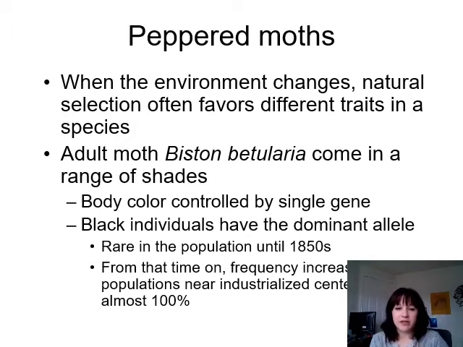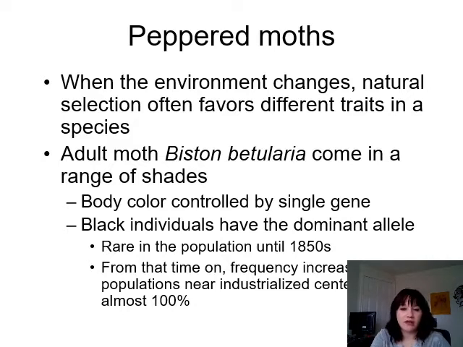So I'm just repeating our slides from earlier, right? Do we see anything in here about variability? Yes, here it says adult moths, Biston betularia, come in a variety of shades. Do we see anything about a trait, this shade color, having a selective advantage in any way?